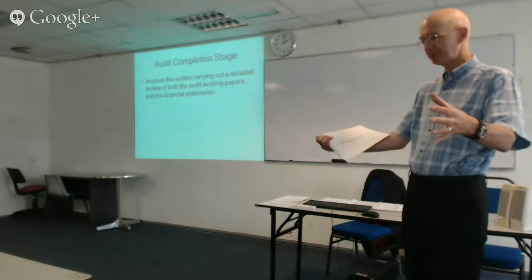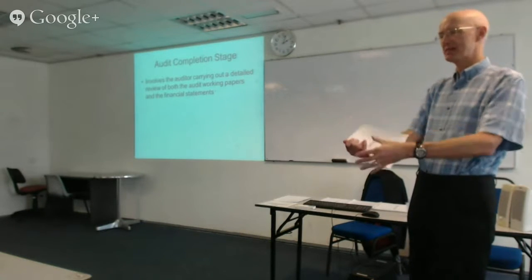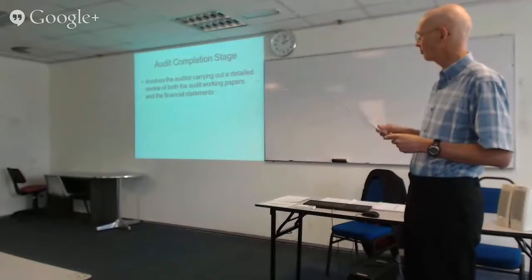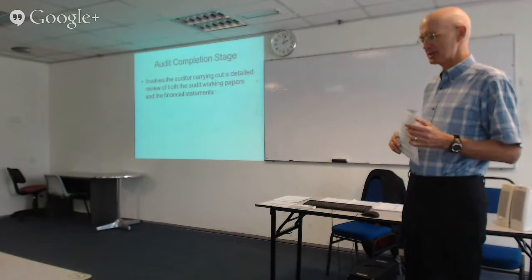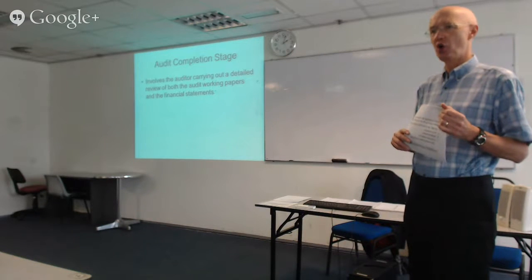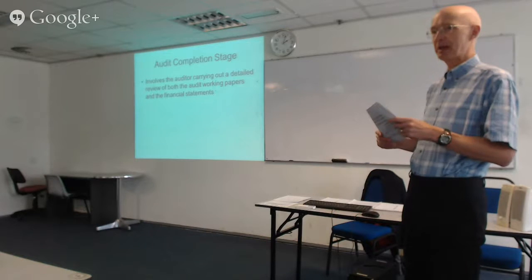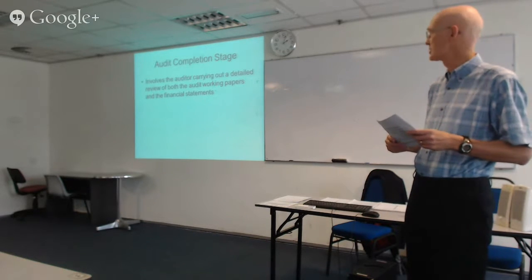Okay. End of the process then, we've got all of this evidence from all of the tests that we've conducted. What do we do? The first thing we're doing is we're saying, right, have I got all of the evidence that I actually need in order to give an opinion upon these draft accounts?